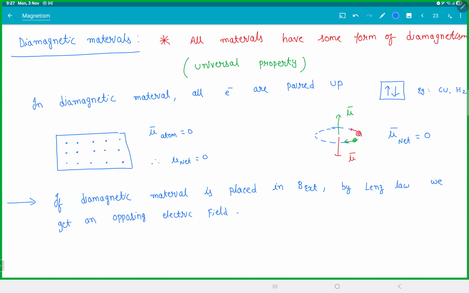And what will this electric field do? It will speed up one electron. The electron which is moving opposite to this field will start going faster, because electron is a negative charge, so the force will be in the opposite direction. And what happens to the other electron? The other electron slows down.